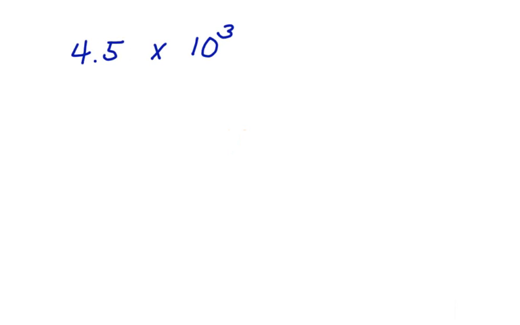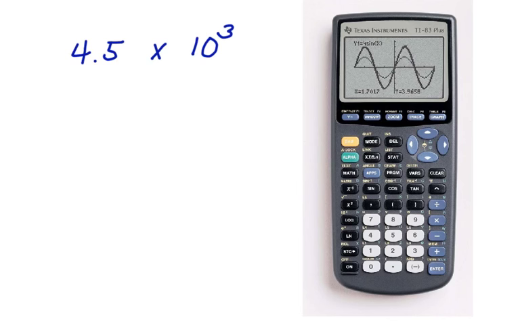What about this one? We can evaluate it in the same way. First, let's look at a graphing calculator. We start off by entering 4.5. And what should show up on your screen is 4.5.